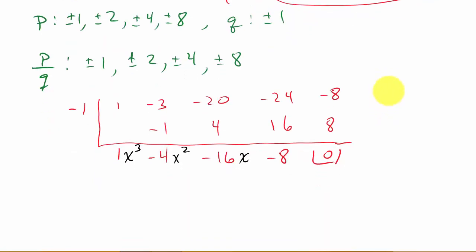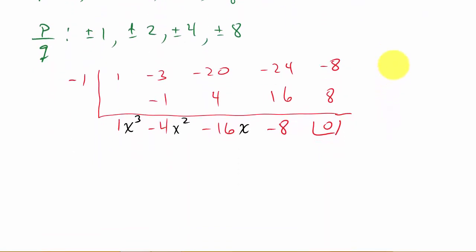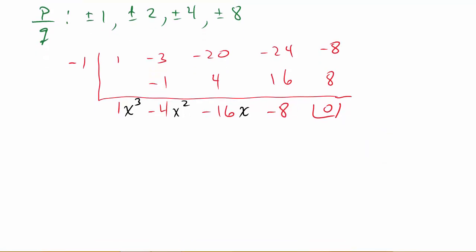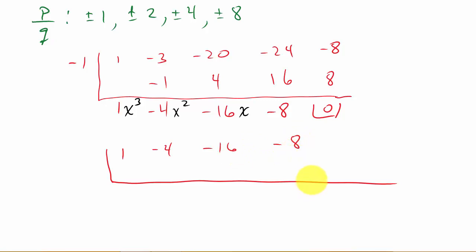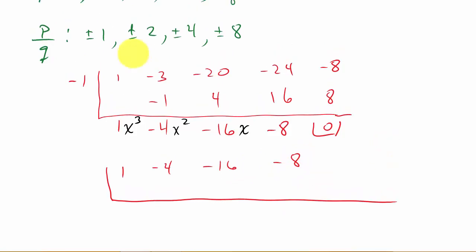So we're going to have to do the synthetic division again, but on this polynomial, 1, negative 4, negative 16, negative 8. And we've got to test out our zeros.